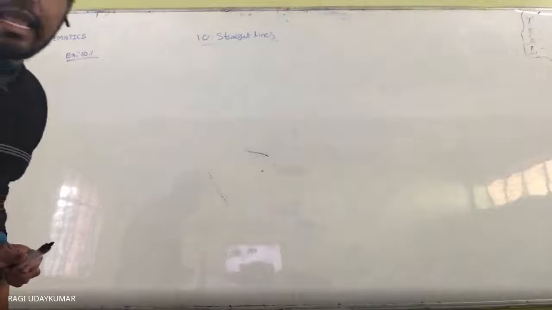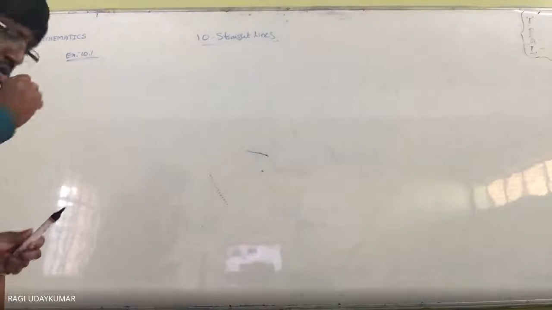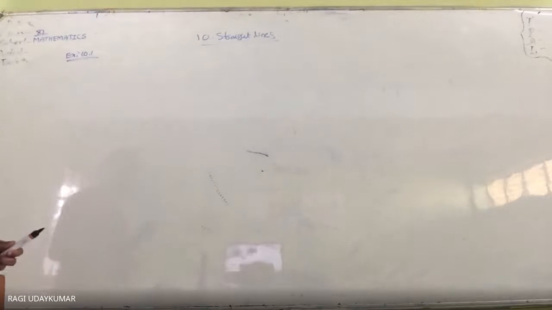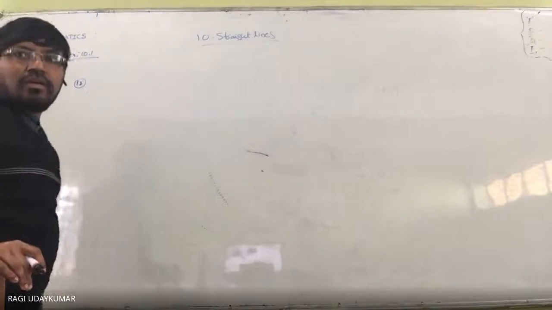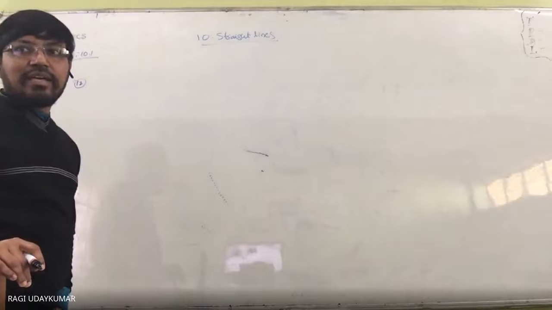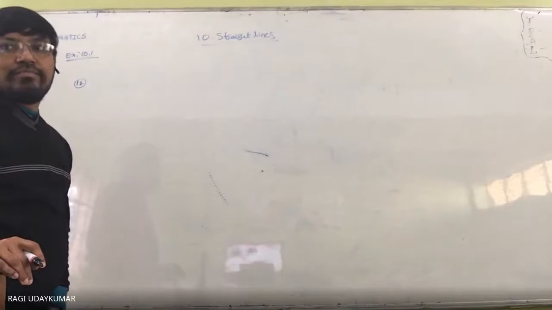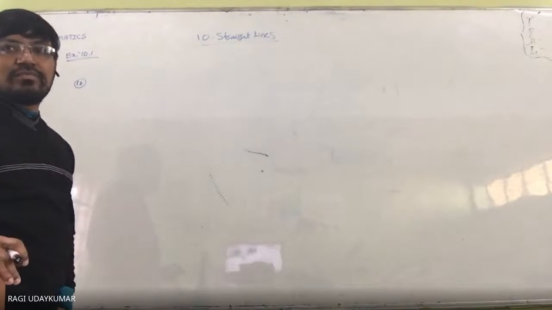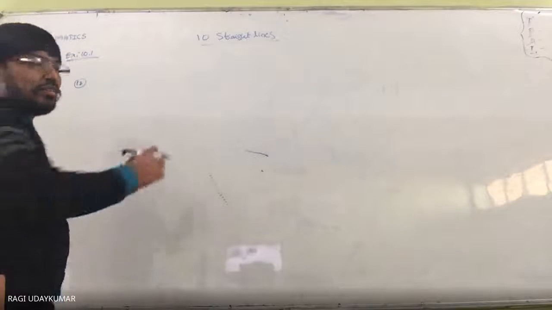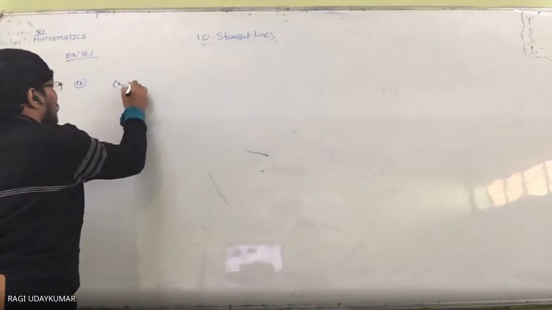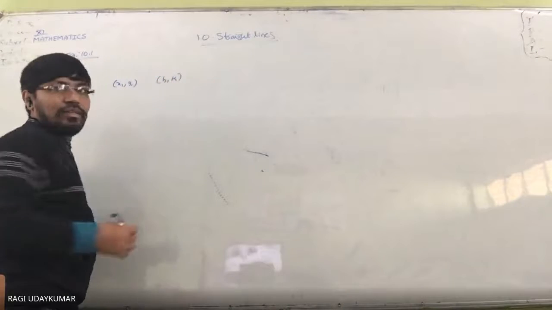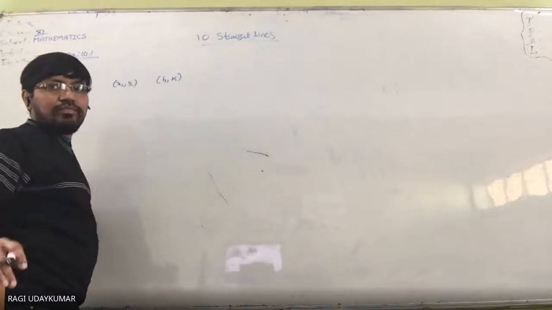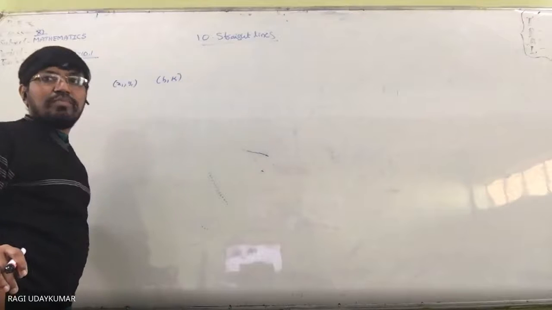12th one: a line passes through the points x1, y1 and h comma k. If the slope of the line is m, then show that k minus y1 equals m into h minus x1. This is also simple. Points x1, y1 and h comma k, slope is equal to m.